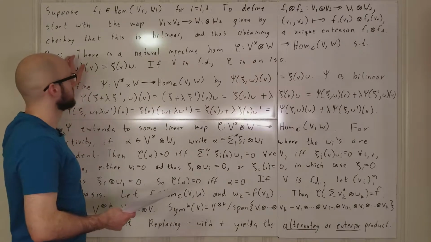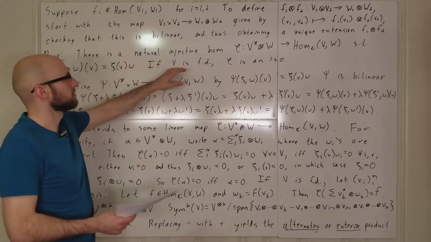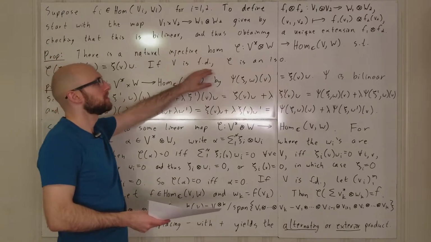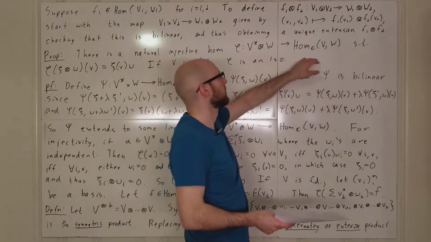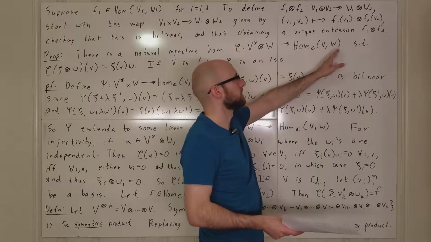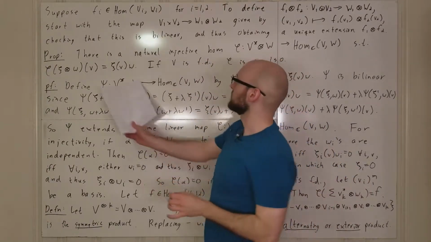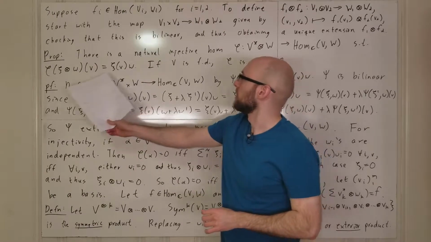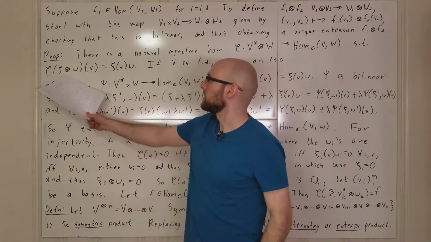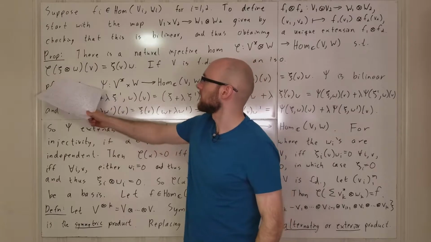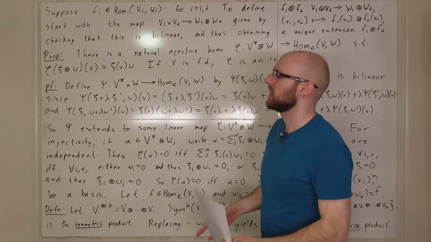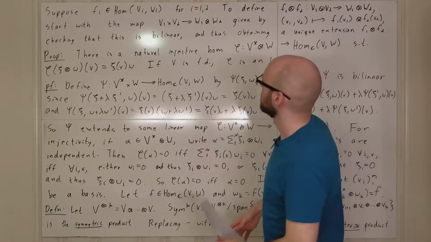And next, we know that there is a natural injective homomorphism from this tensor product into linear maps from V to W. And so it satisfies this. So if you take this tensor product here, then, okay, so psi or xi, I'm going to call it xi.